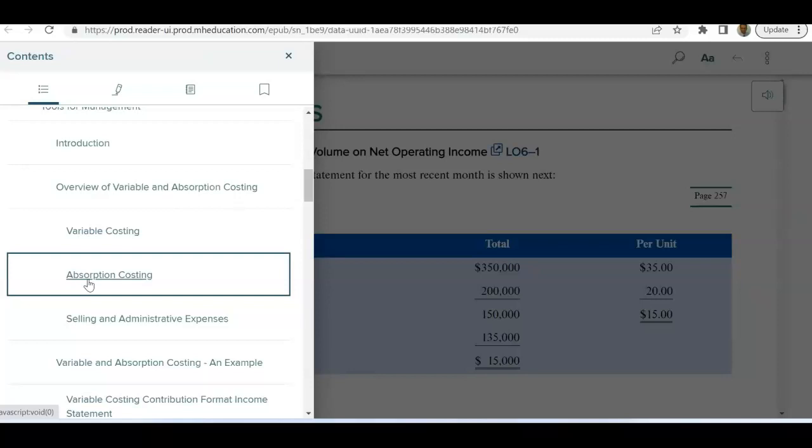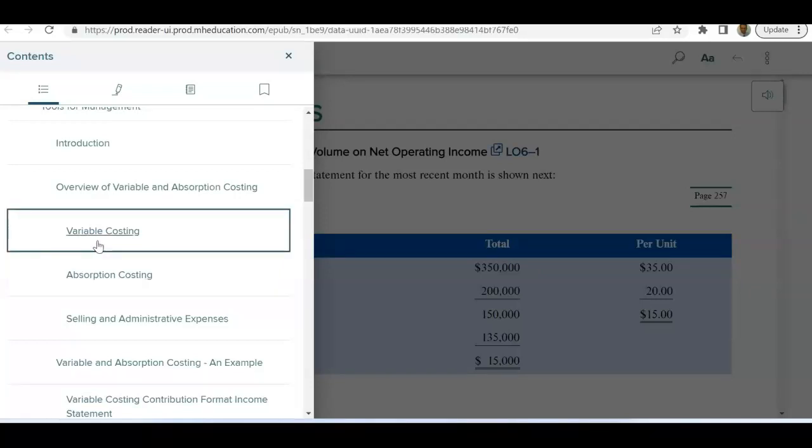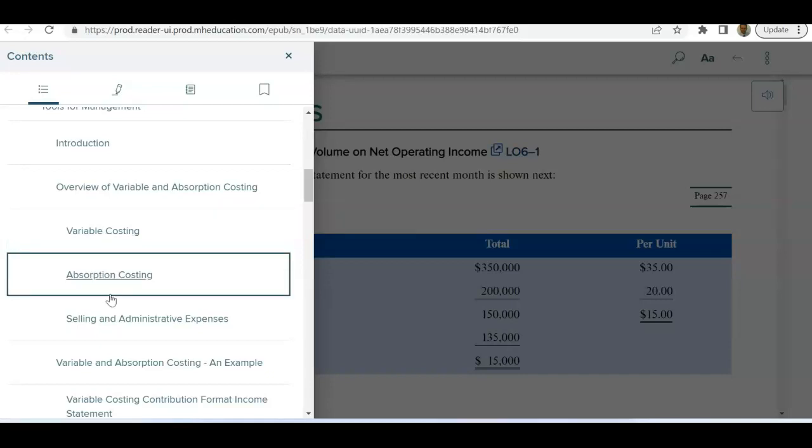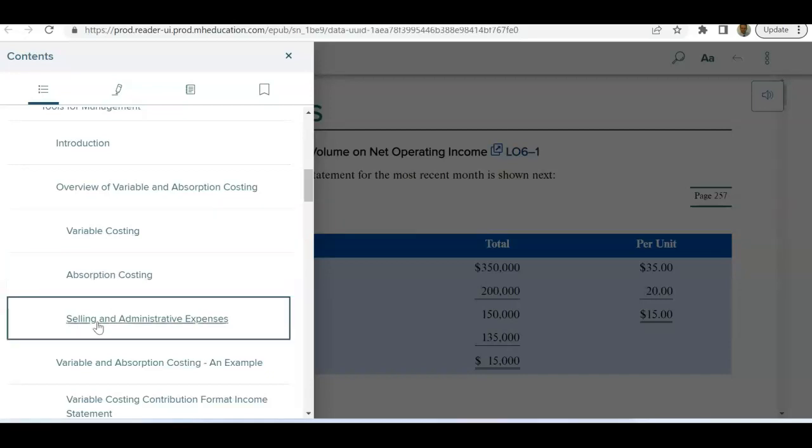And so variable costing is more like a management type of thing. But you need to see the difference between variable costing and absorption costing. Any business has operating expense. Operating expense has two parts: selling and administrative expense. Selling and administrative expenses also have variable and fixed expenses.